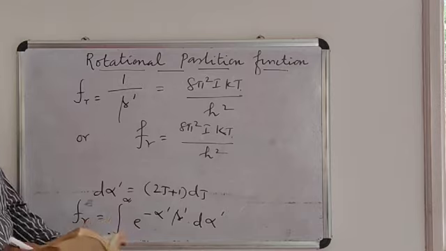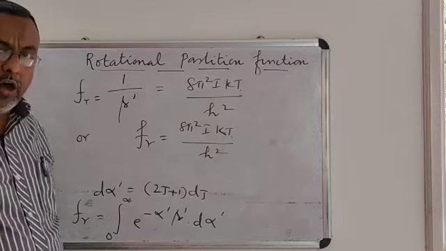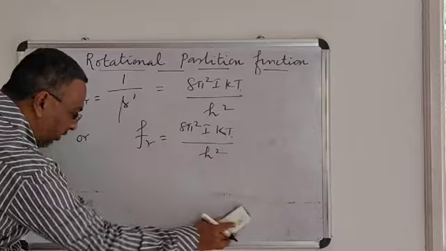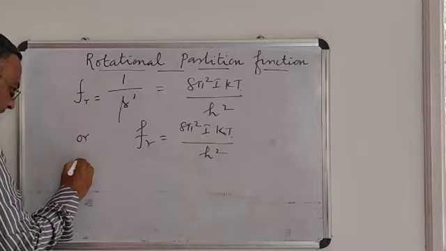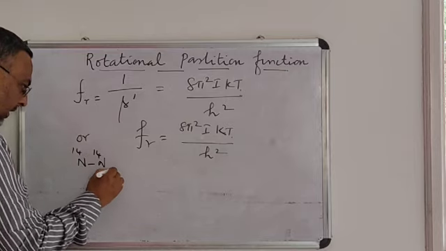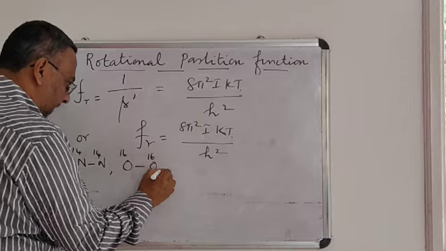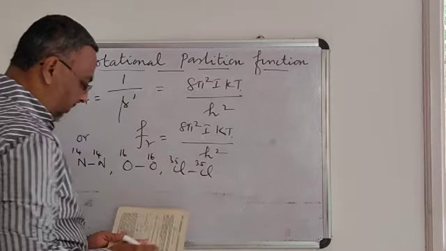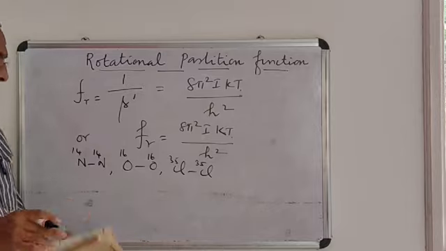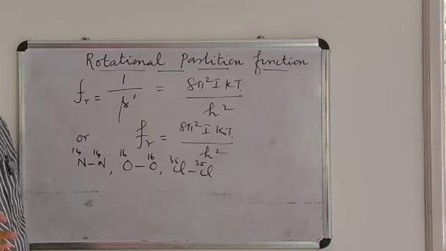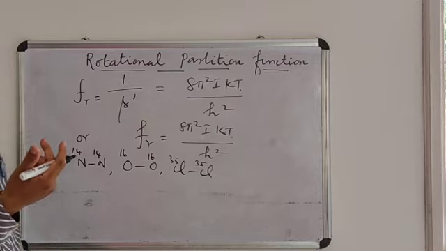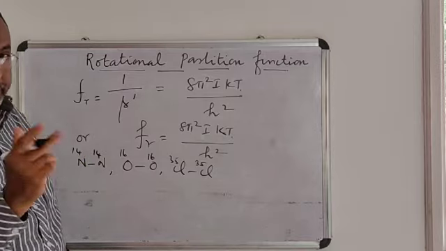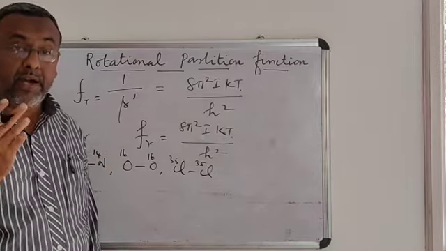Every molecule cannot have all the values of J. In the case of a homonuclear diatomic molecule like nitrogen-14, oxygen-16, or chlorine, for every 180-degree or 360-degree rotation, they give an indistinguishable pattern 2 times.